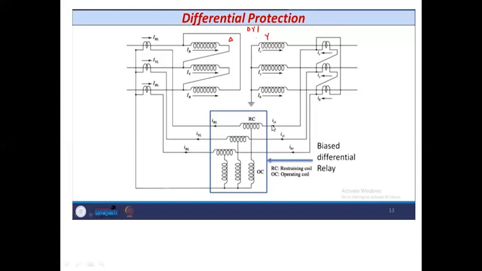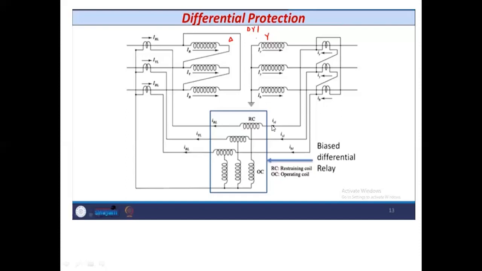So if we go for any compensation, then we have to connect the line CTs like this, as we have shown in the figure. Moreover, if we connect like this, it also eliminates the zero sequence current on the star side, while the zero sequence component on the delta is not produced outside the delta; it remains circulated inside the delta.